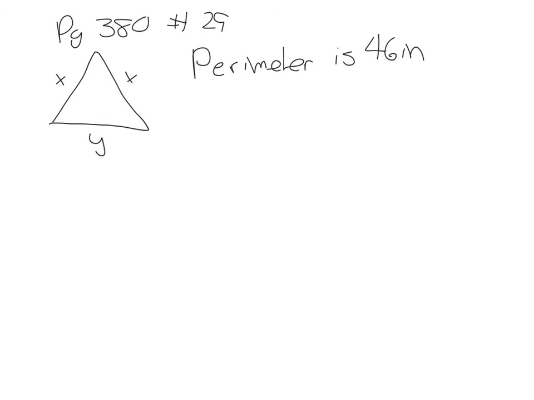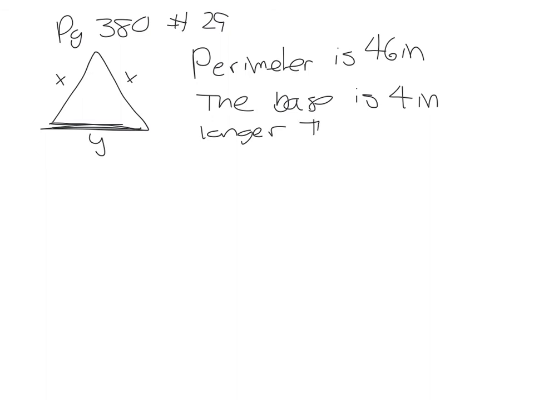So this information is given in a picture, and it also says that the base of this triangle is 4 inches longer than the length of one of the other sides.